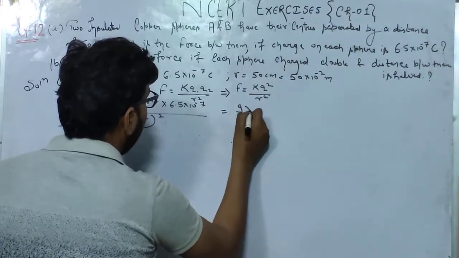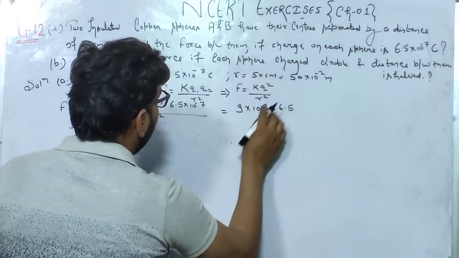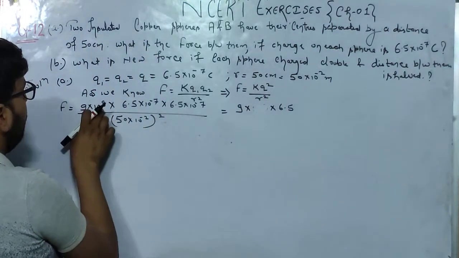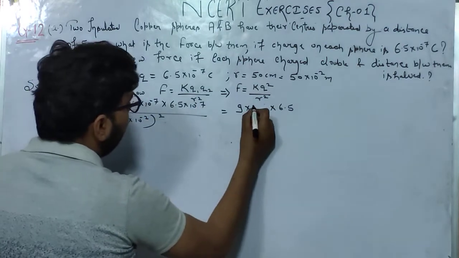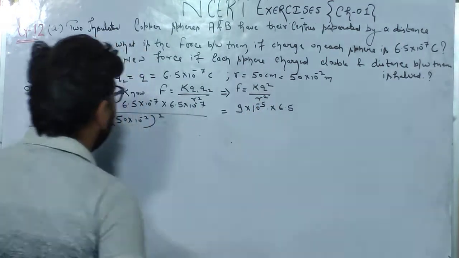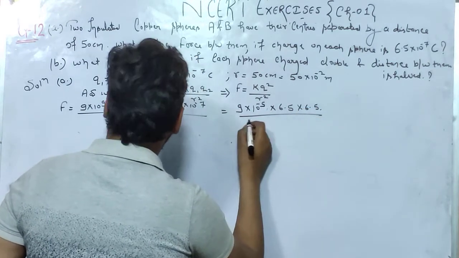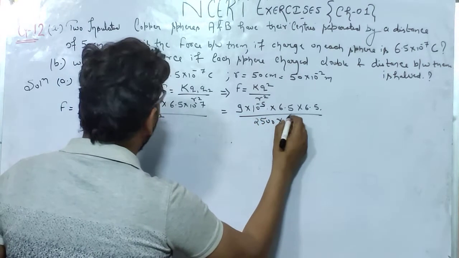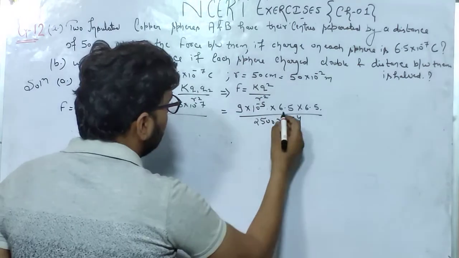Now 9 × 10^9, 6.5. Now we will write the values. 10^-7 minus 14 plus 9, it will be 10^-5. So 6.5 times 6.5 divided by the square of 50, which is 2500 × 10^-4. So I will divide the values by 5.